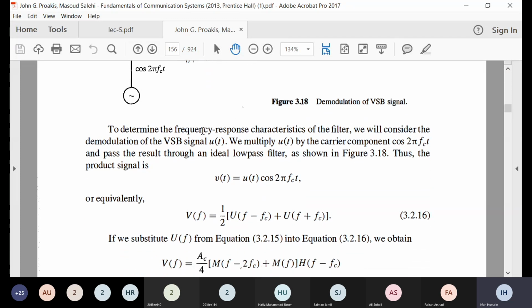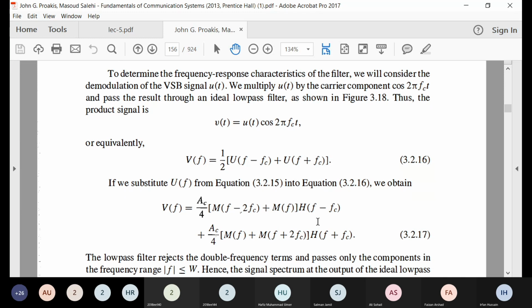So the product signal will be equal to u(t), which is the received vestigial sideband signal, multiplied with the local oscillator at the receiver. Again, this is modulation, hence the u(t) spectrum will be shifted by minus fc and plus fc. Some of the steps are missing in order to arrive at this equation, so we will shift to our notes.